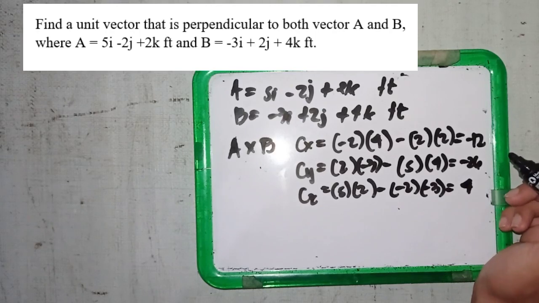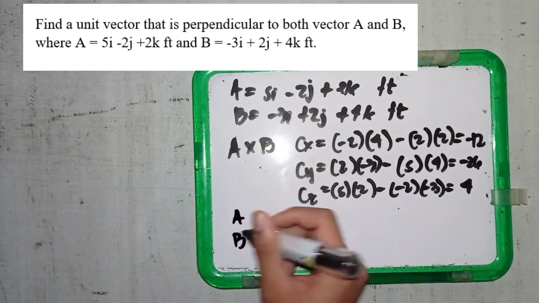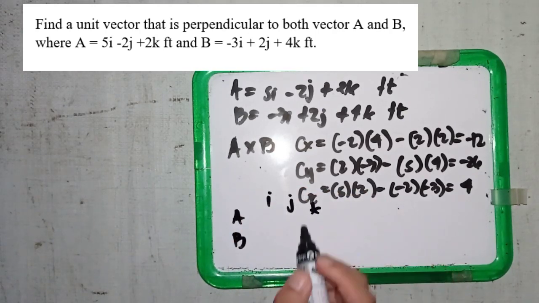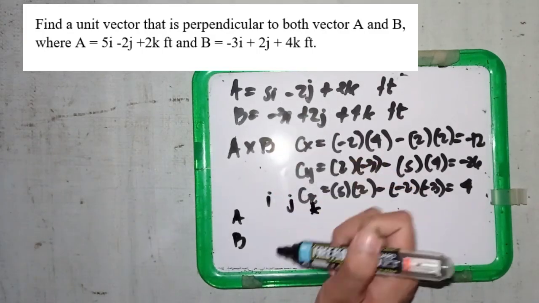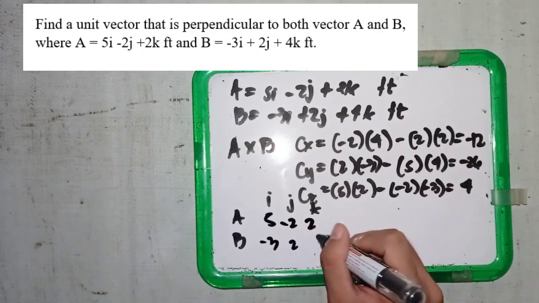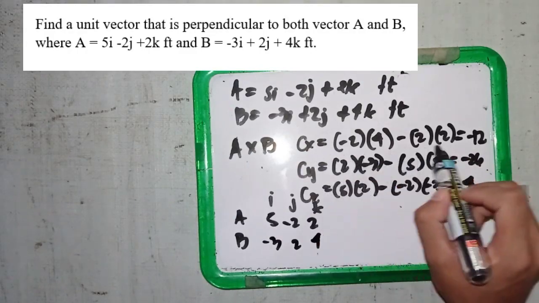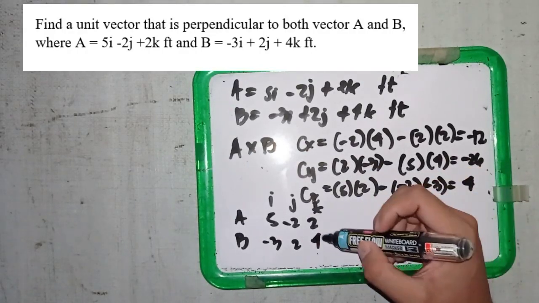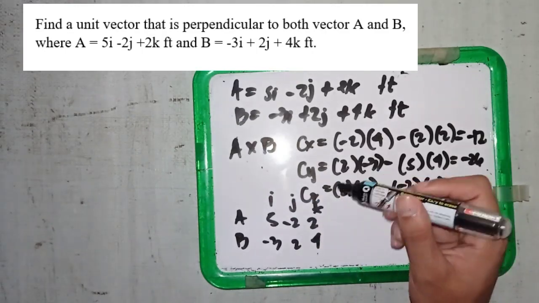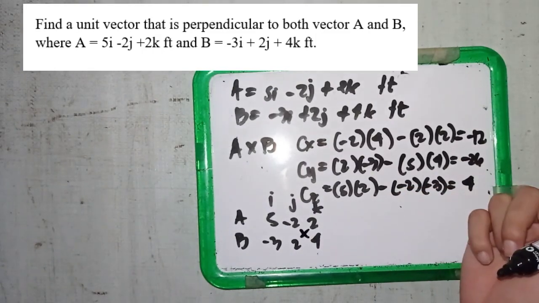we have a pattern here, and we can use this matrix. It's like this: a, b, i, j, and k. So we need to input these values here: 5, -2, 2, -3, 2, 4. So why we got the cx value here is from here. We can create a line here, or we can box this part, or cross here.